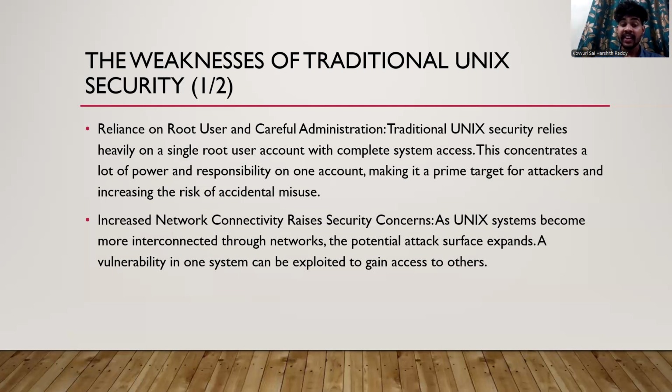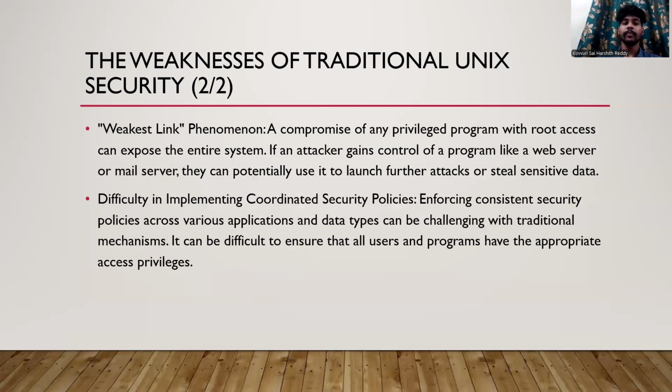Increasing network connectivity raises security concerns as Unix systems become more interconnected through networks. The potential attack surface expands. A vulnerability in one system can be exploited to gain access to others.